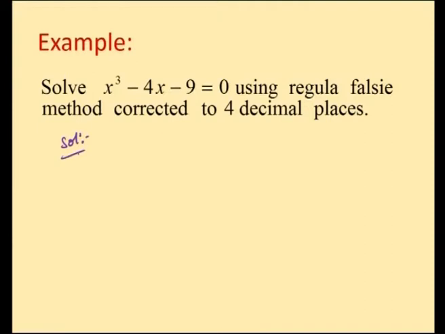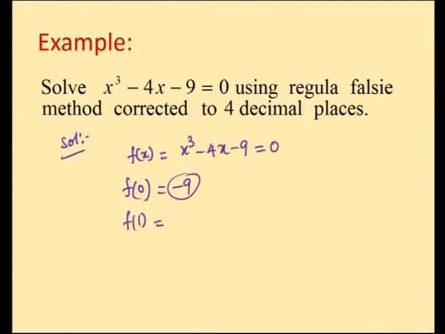The only thing we have to do is use that formula. f of x is taken to be x cube minus 4x minus 9 is equal to 0. f of 0 is equal to minus 9, and this minus 9 is too far from 0, therefore we will take a closer value, that is f of 1. f of 1 happens to be equal to minus 12, f of 2 is minus 9 and f of 3 is 6.